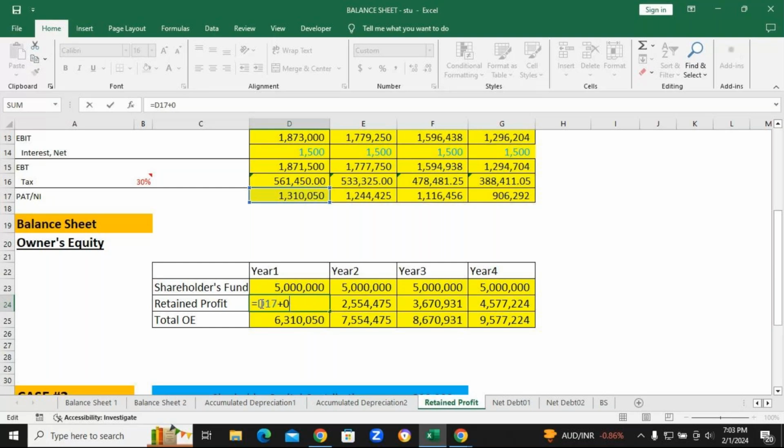So I'm directly taking only the profit after tax. Here too, first I'll take the previous year retained profit plus year two's profit after tax, and that will be added. Like that, year two's retained profit plus year three's net income will be added together. In year 4, year three's retained profit plus year four's net income will be added together.